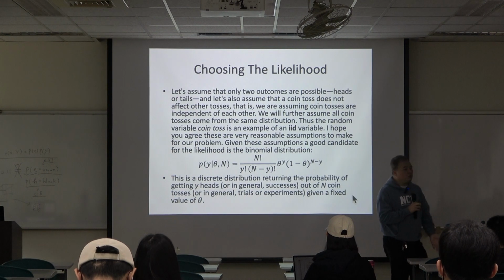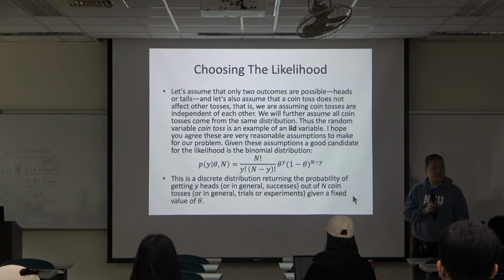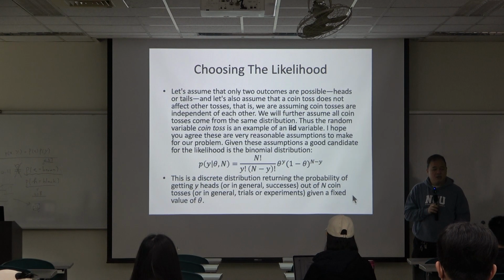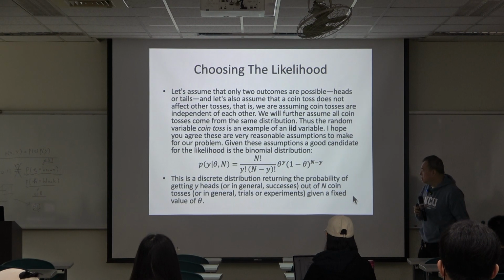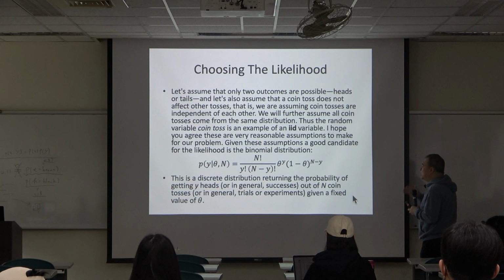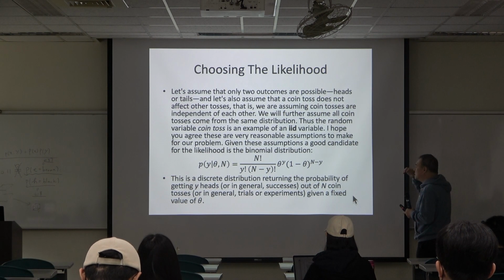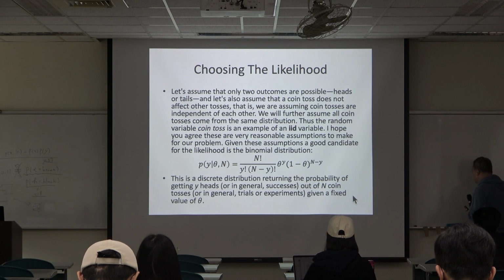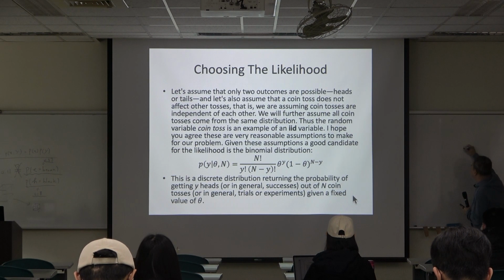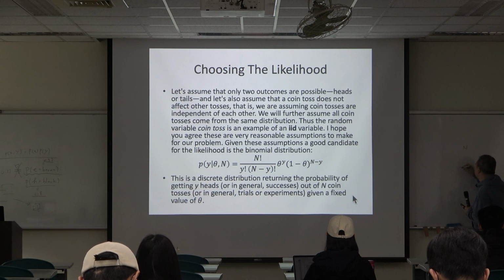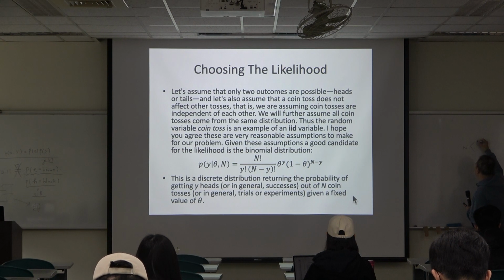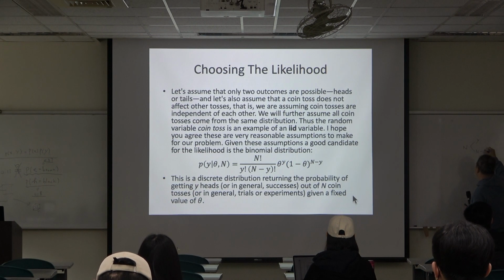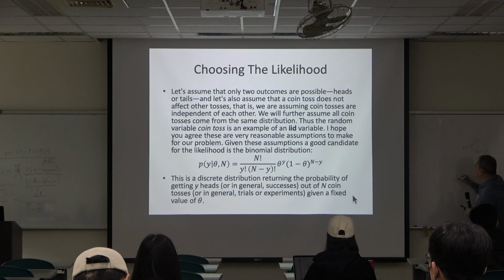I hope you still remember this from your high school math. Let's still do it, even though it's high school. So you have n coin flips, y heads, and n minus y tails, right?